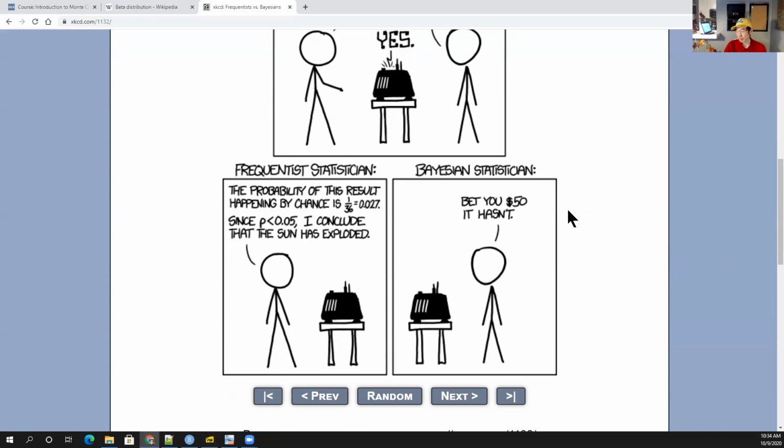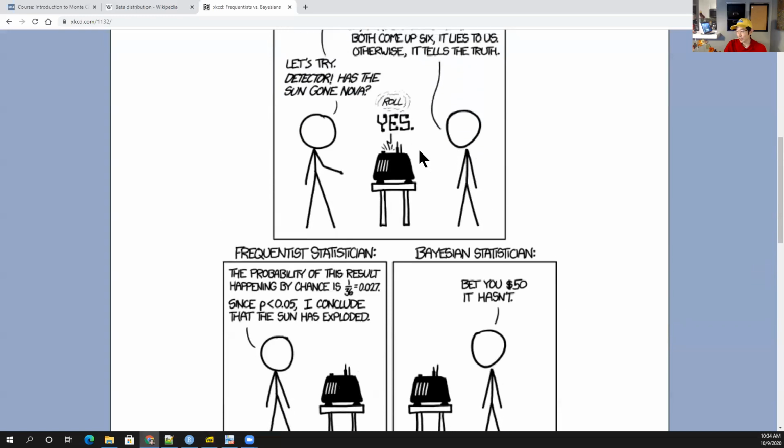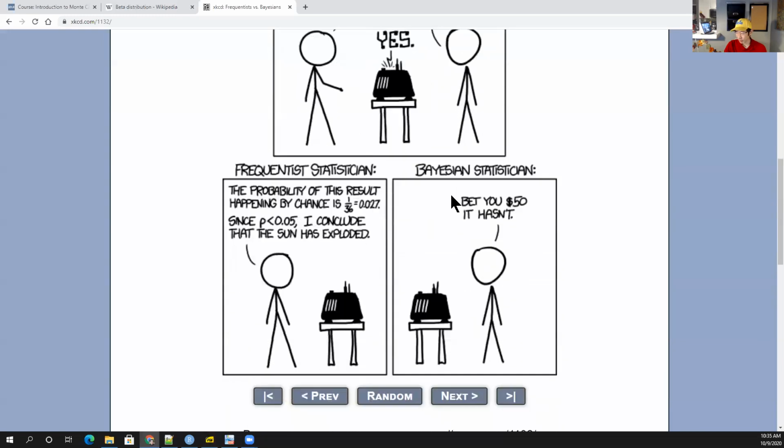And we know that even prior to any data coming in, the probability that the sun has exploded is very, very, very low. So this seems unlikely.